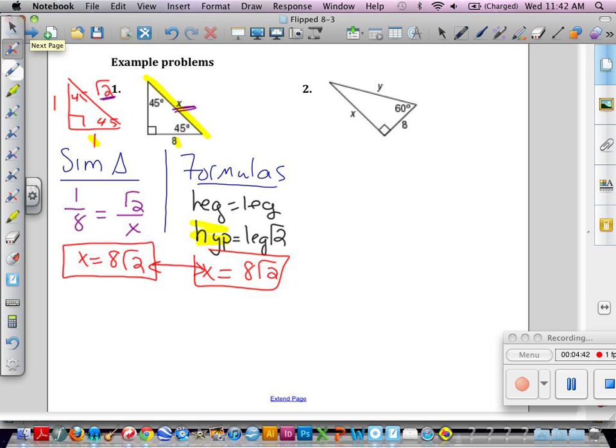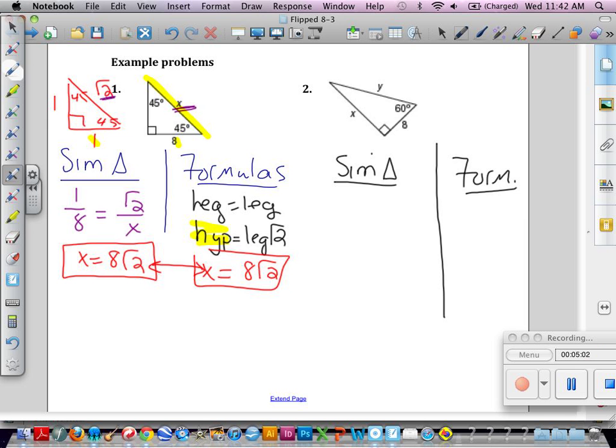Let's look at example number 2. Okay, I've got a 30, 60, 90 triangle. I can solve them using similar triangles, or I can solve them using the formulas. I'll pull out my similar triangle. This is my 30, that's my 60.